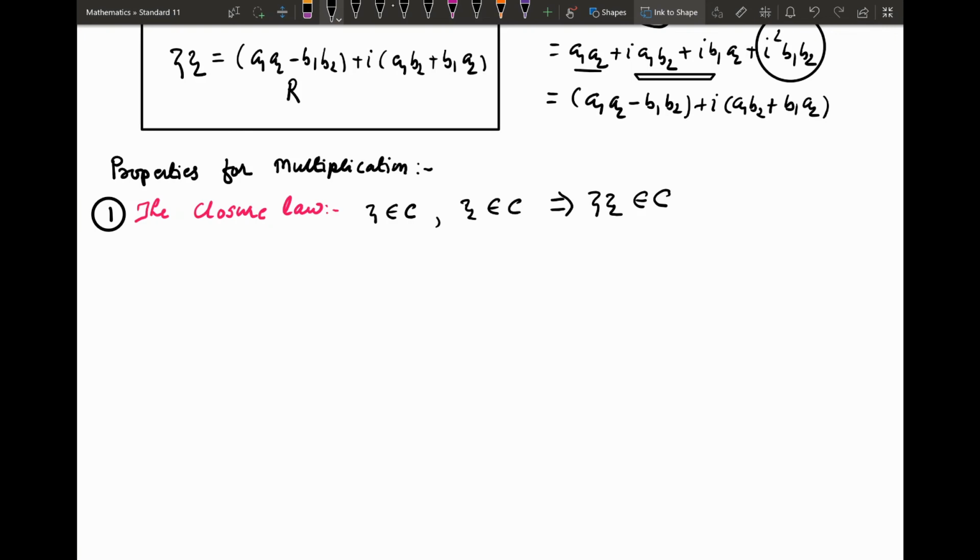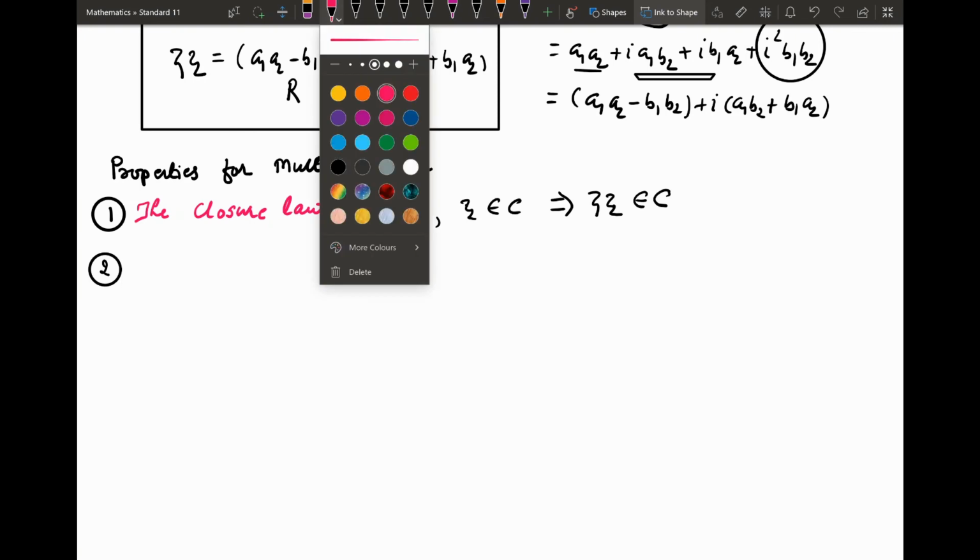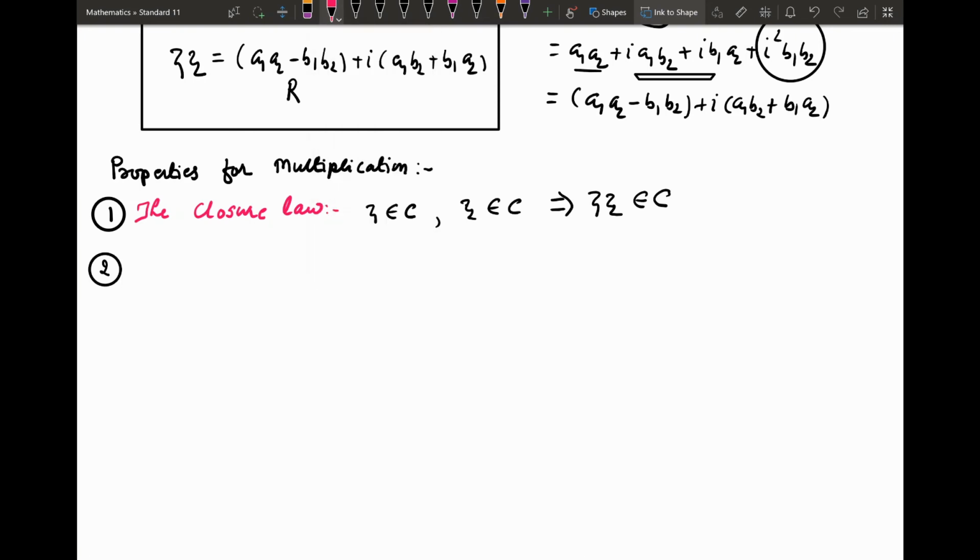Second one, commutative law. According to commutative law, in addition Z1 plus Z2 equal to Z2 plus Z1.